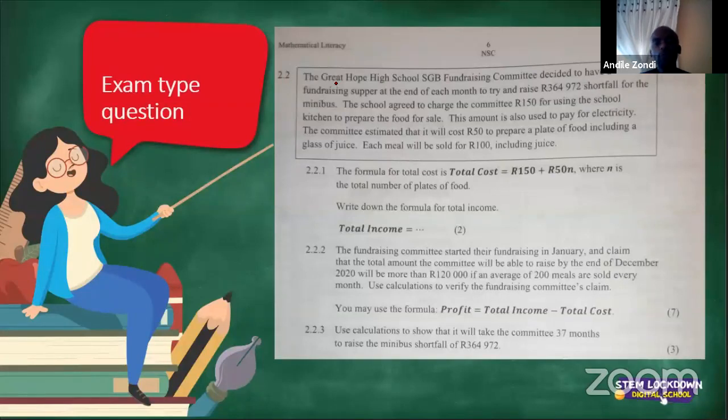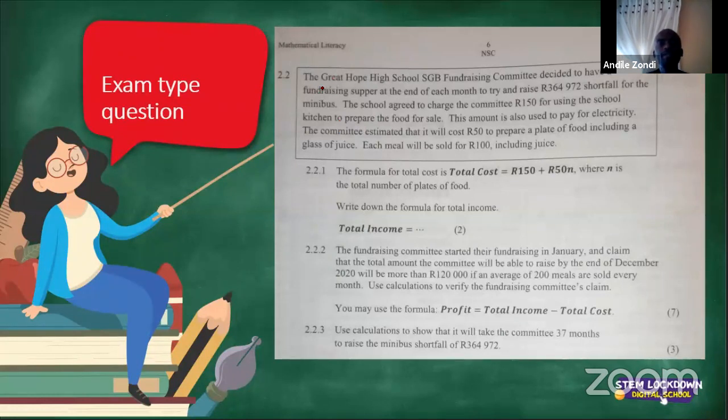But don't worry about 2.1 for now, because everything we need is here. Okay. So step number one, you need to decode. You need to analyze the statement. You need to make notes before you attempt answering the questions.